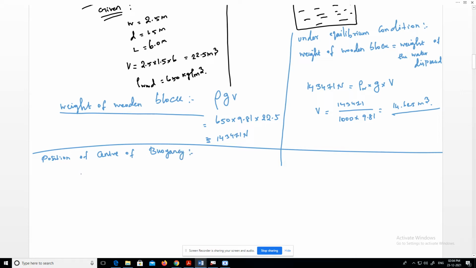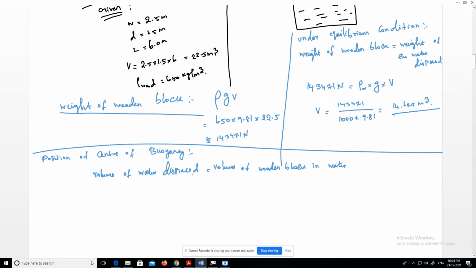The center of buoyancy is based on the volume of wooden block in water and volume of water displaced. We have to equate both things. Volume of water displaced is equal to volume of wooden block in water. Right.